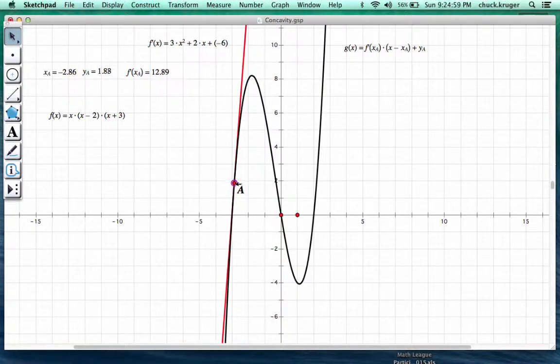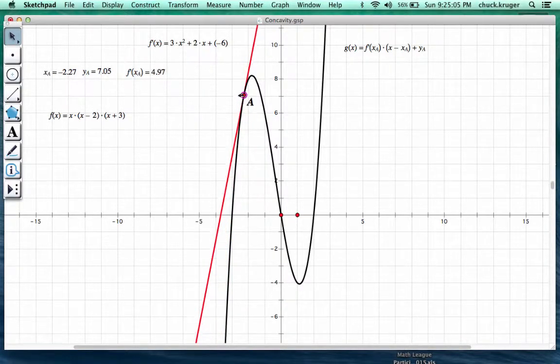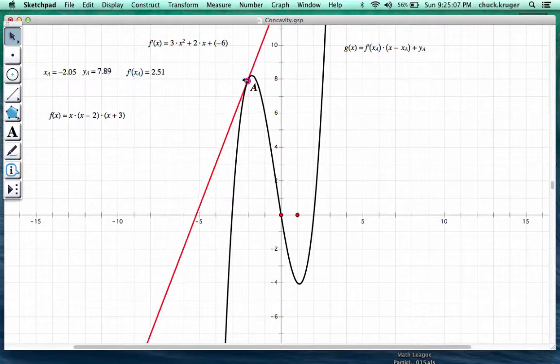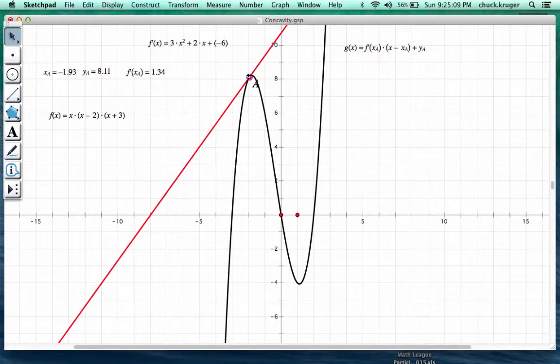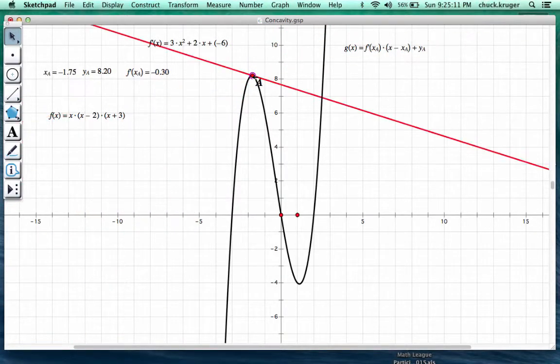And I want you to take a look all the way along this interval. This tangent line, if you notice, is above the curve all the way along here.